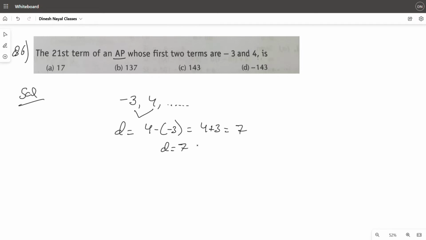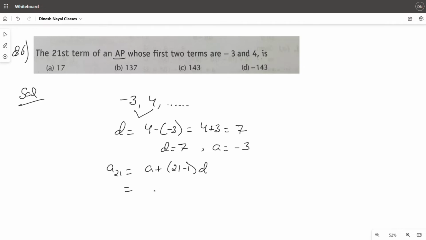We have to find the 21st term. A21 equals A plus n minus 1 into D, where n is 21. So 21 minus 1 into D. Now, what is A?